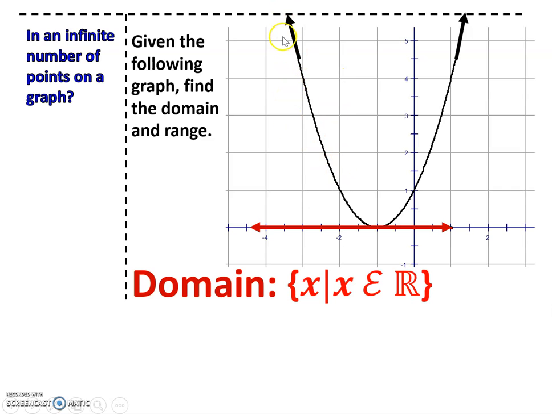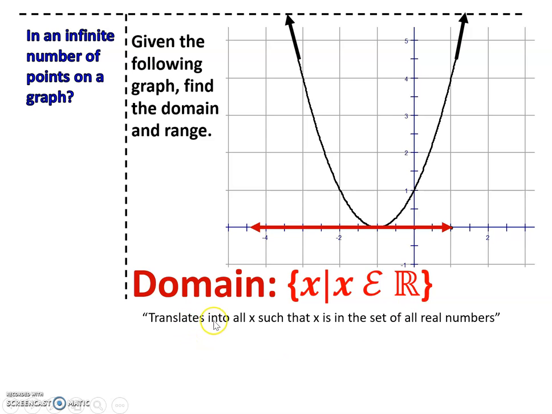So this graph will continue to the left infinitely, same as to the right. These parabolas, right, they start rising steeper and steeper, but they never completely get vertical. They will never stop advancing to the left or to the right. So our domain is this, like we had explained on the previous page.